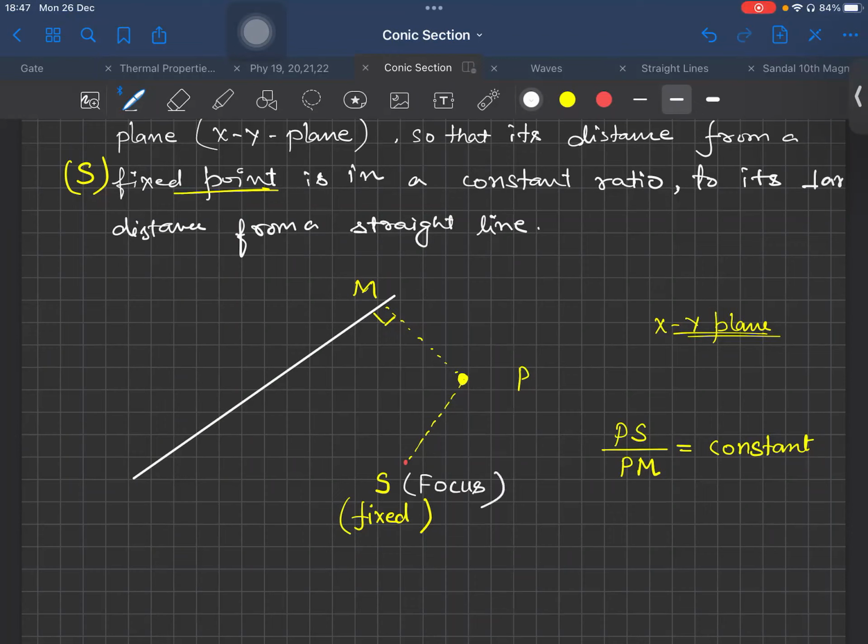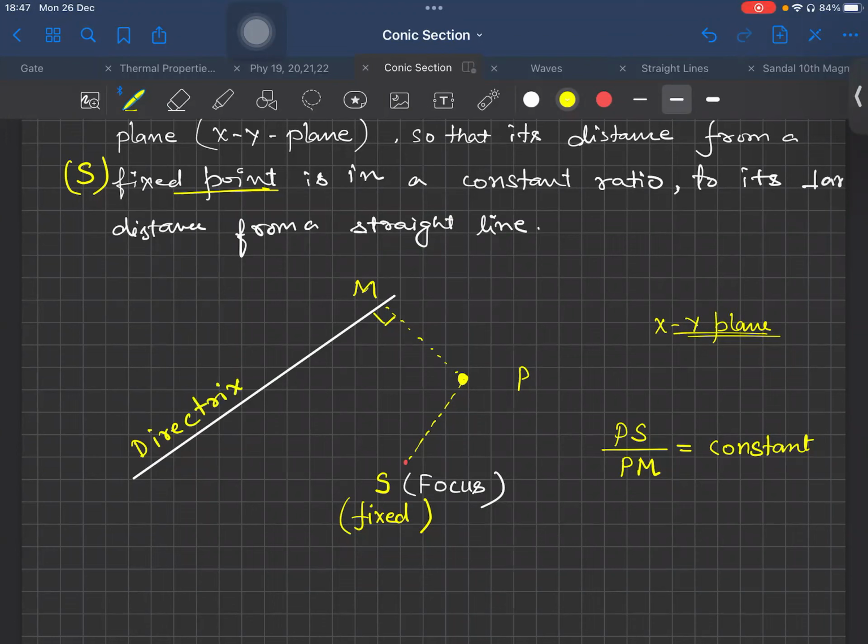So this is valid for all types of conic sections, for circle, for what else we have? For parabola, for ellipse, for hyperbola, all are conic sections. So we can say this rule will be followed everywhere. Now this straight line is called directrix.